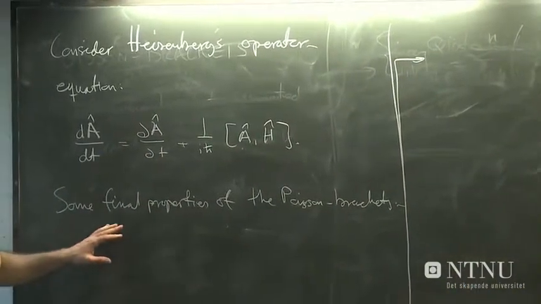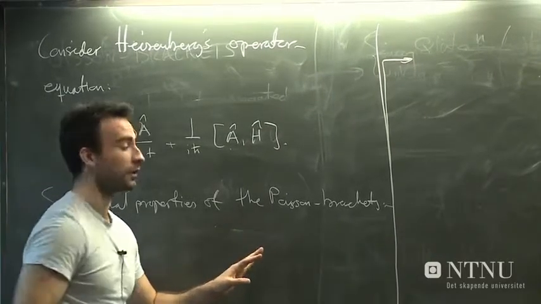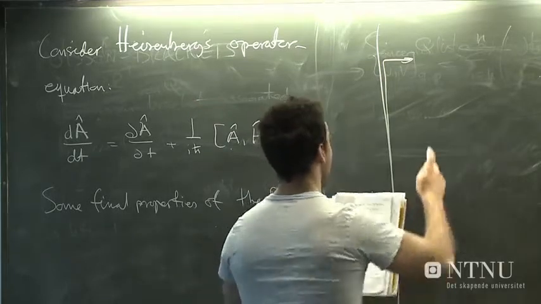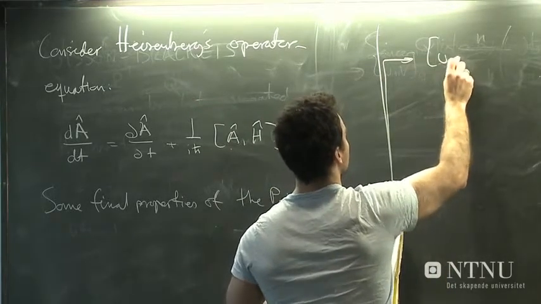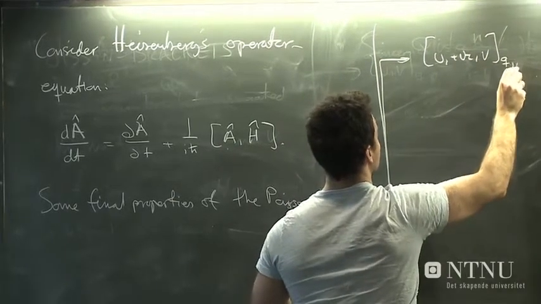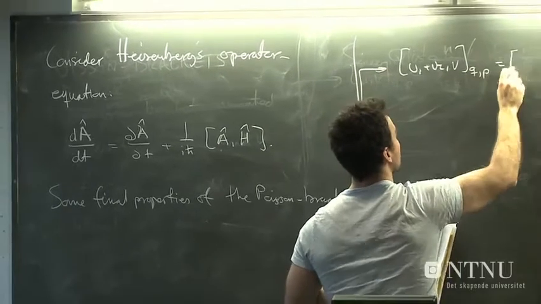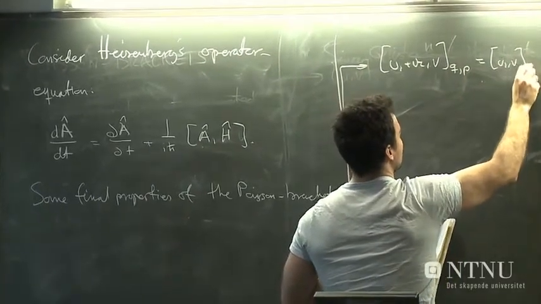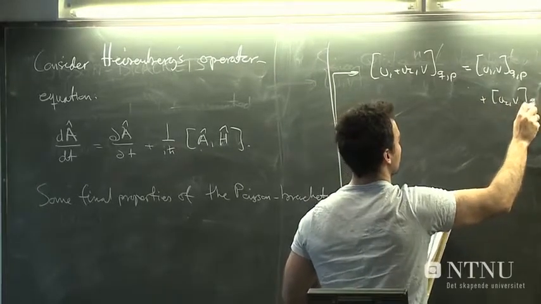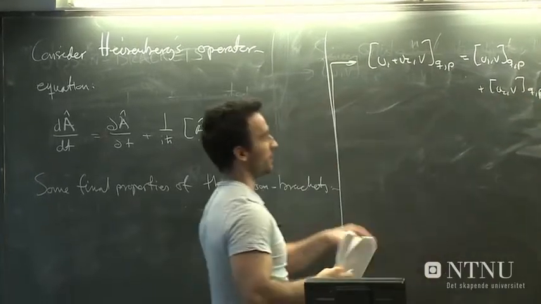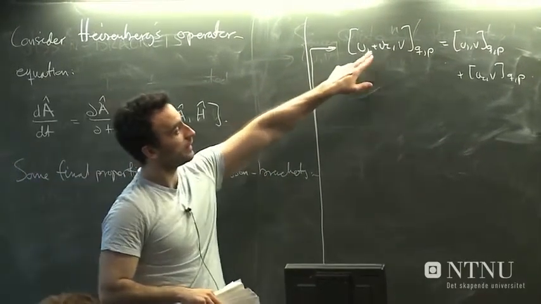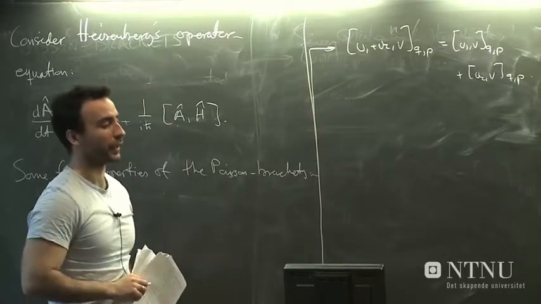And let me just list a couple more formal properties of these Poisson brackets which are useful to have. Well, you have this associative property here, but you can just split it up into two separate Poisson brackets.